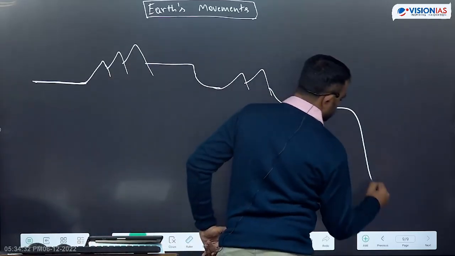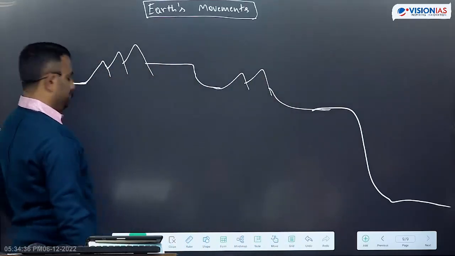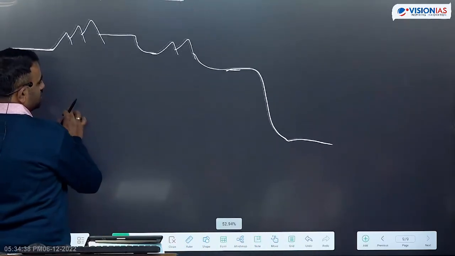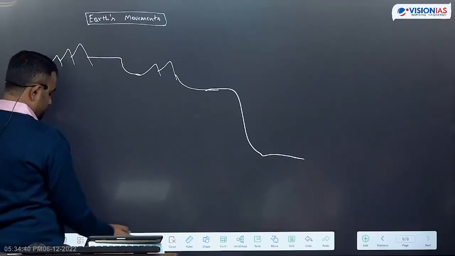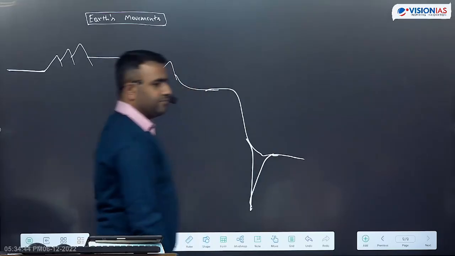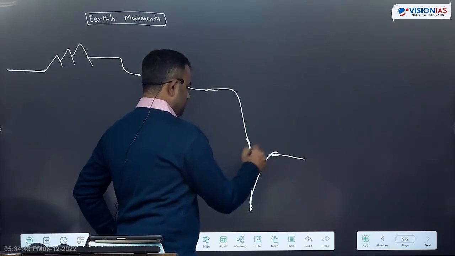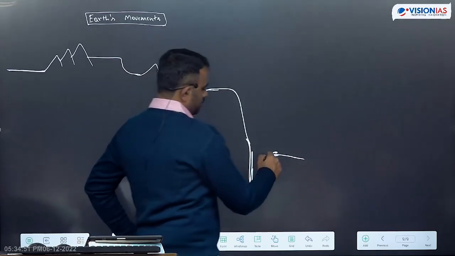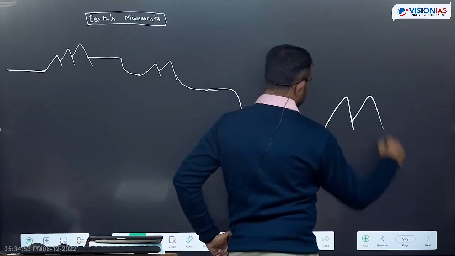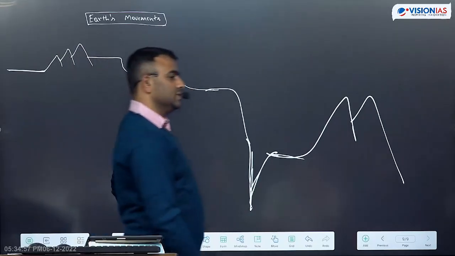And this is the oceanic basin. The oceanic basin is much more diverse in terms of topography. In some places it goes very deep, which we call a trench. In some places it comes almost near the surface, which we call a ridge.